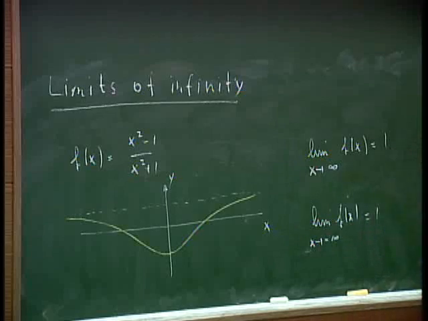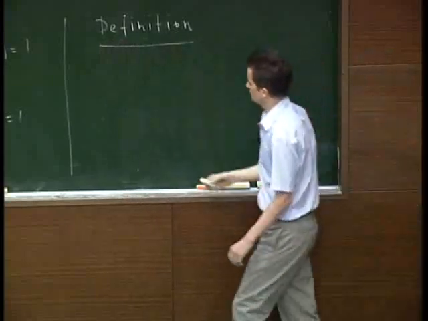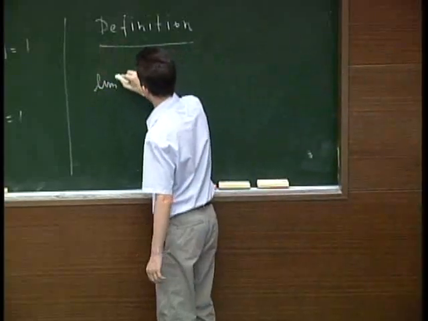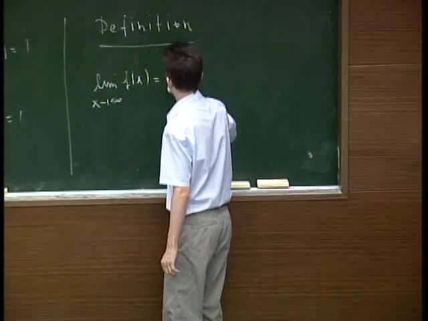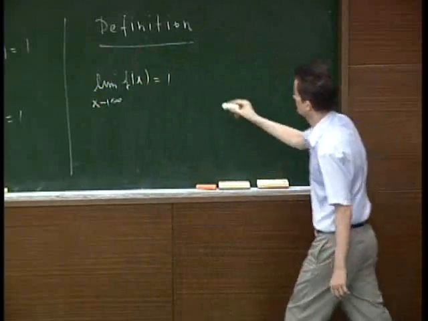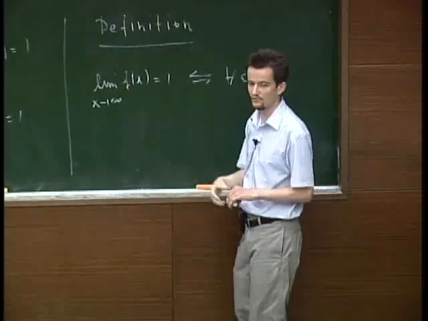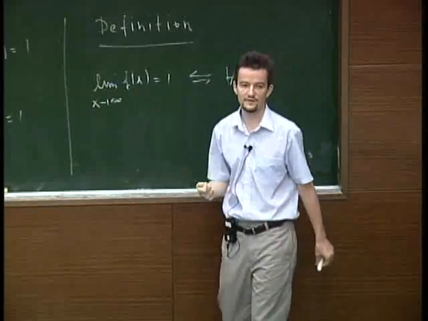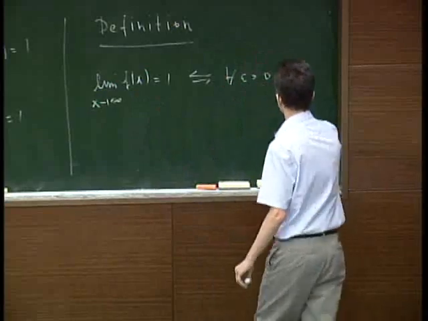Now, of course, this is not a definition. We can also give a precise definition. So such a relation, what does it mean? Again, we are given an epsilon larger than 0, because we want to make the distance between f of x and 1 as small as possible, smaller or equal than epsilon.